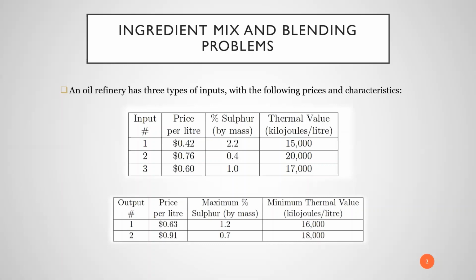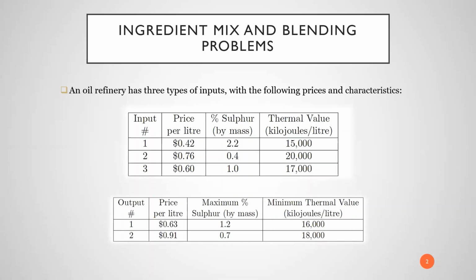For example, input number 1, we buy it for 42 cents, and the sulfur percentage of it is 2.2. We mean that in 100 kilograms of input number 1, we will have 2.2 kilograms of sulfur, and its thermal value is 15,000 kilojoules per liter. And the same for the other inputs.